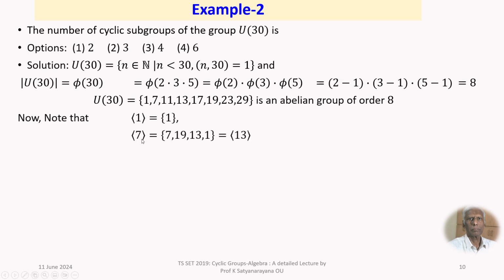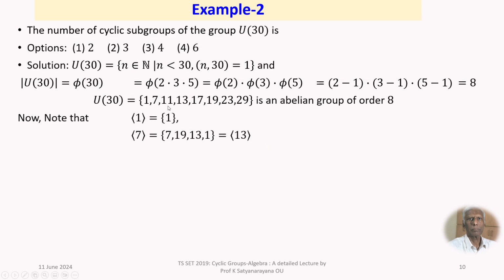The cyclic subgroup generated by 7: 7 sevens are 49, modulo 30 is 19. 19 into 7, modulo 30 is 13. 13 into 7, 91, modulo 30 is 1. And here it is also generated by 13. And if you take 19, 19 generates a cyclic subgroup of order 2, that is {19, 1}. That I will talk about later.